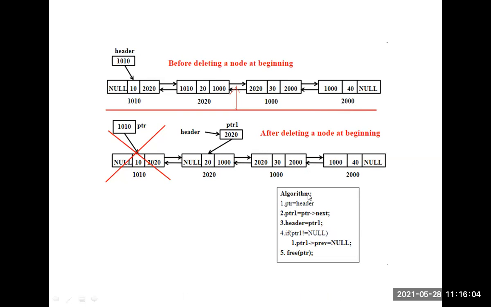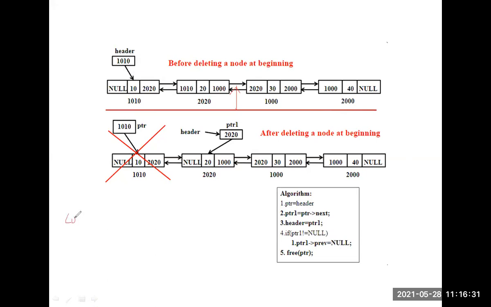just see here, ptr equal to ptr of next and head of ptr. Before this, see what I am doing: what is this node? It is header of right link. I store this header of right link in some temporary variable, say first, or second, any temporary variable.